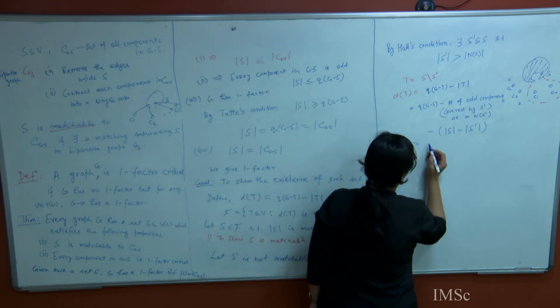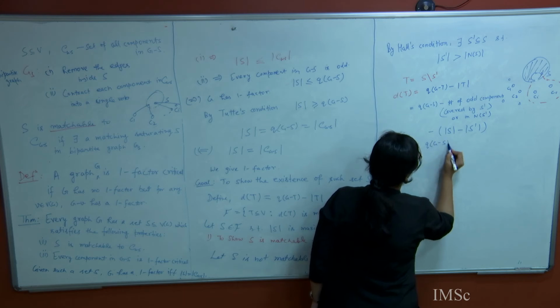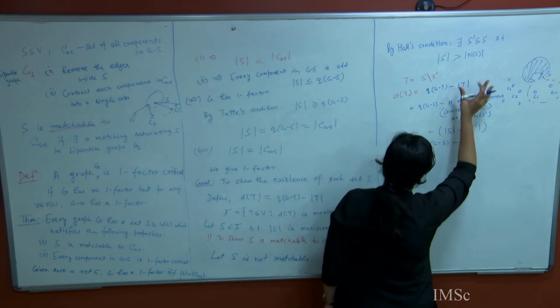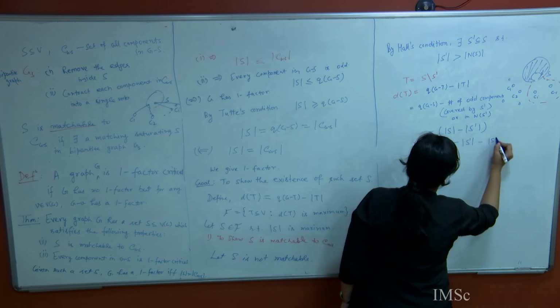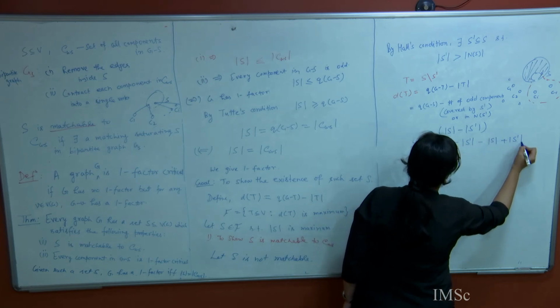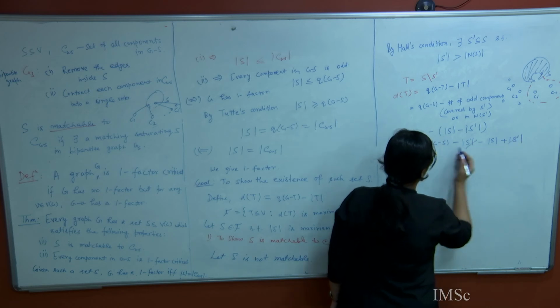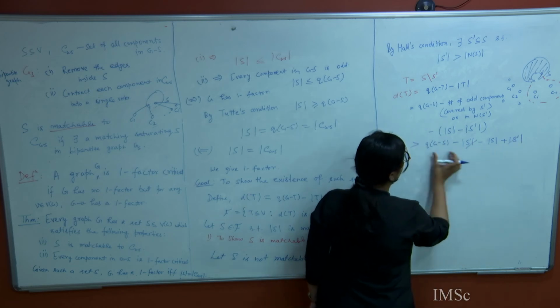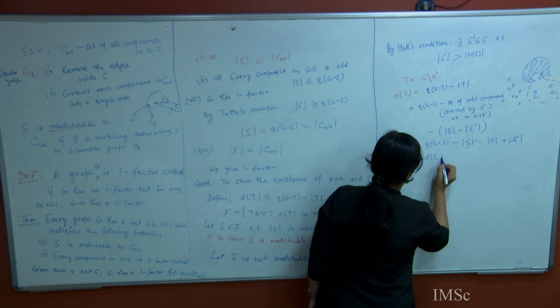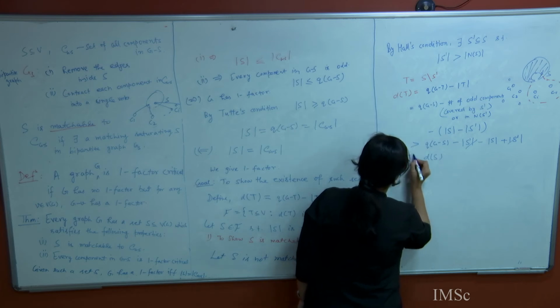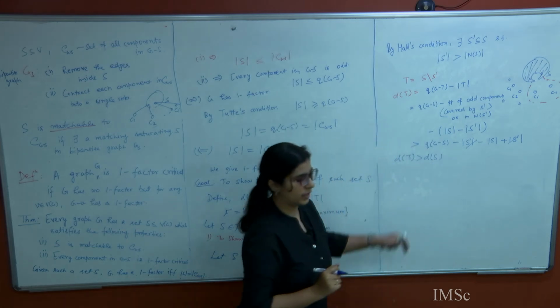So, that means this is greater than Qg minus S, because we are subtracting minus cardinality of S prime, and we had this minus cardinality of S plus cardinality of S prime. So what we got is Qg minus S minus S, and this is d of S. So d of T is strictly greater than d of S.